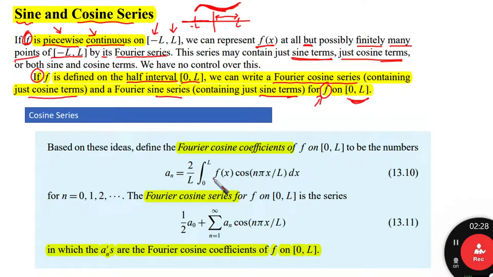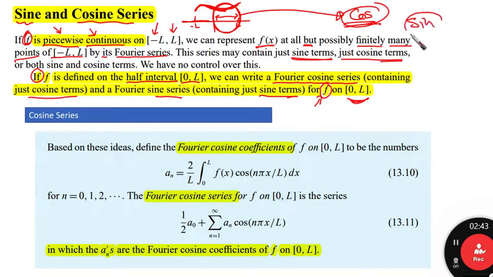So the point is, if we are interested in half of the interval, which is this part of the function, then we can use the Fourier cosine series only, or maybe sine terms only, to represent this part of the function. The condition is, exactly, from 0 to L. Remember again that our function should be piecewise continuous.